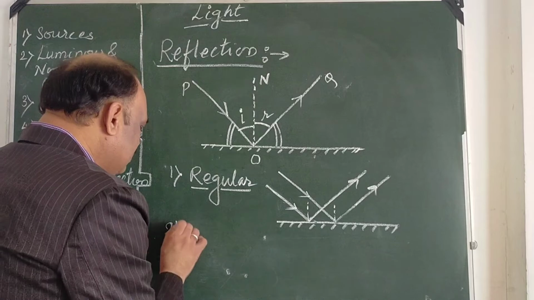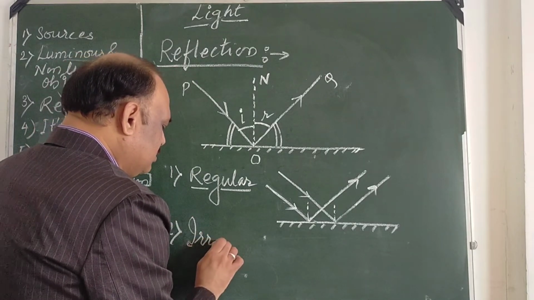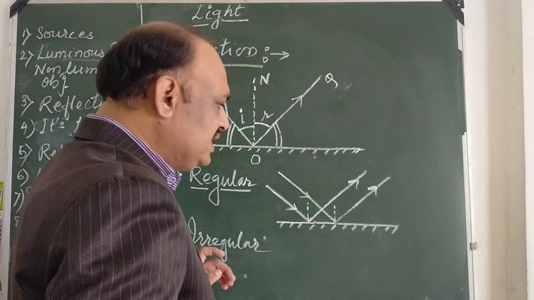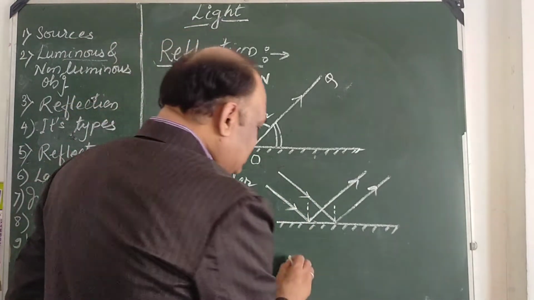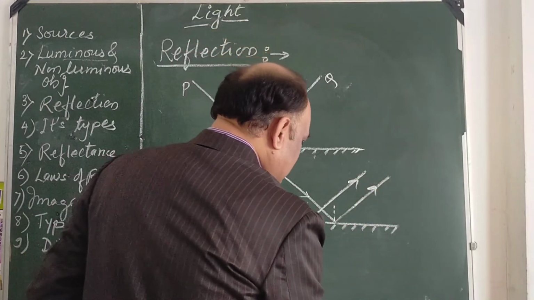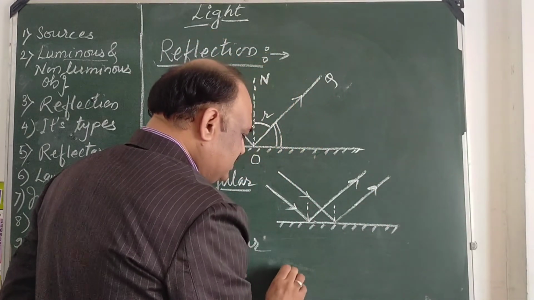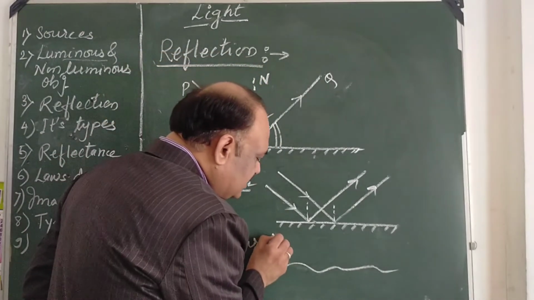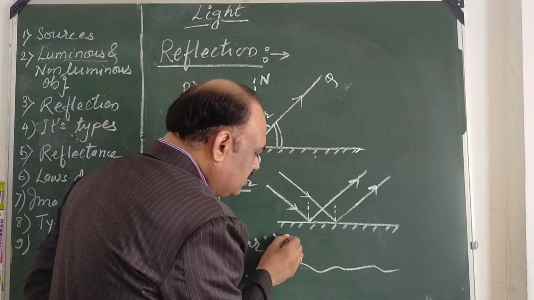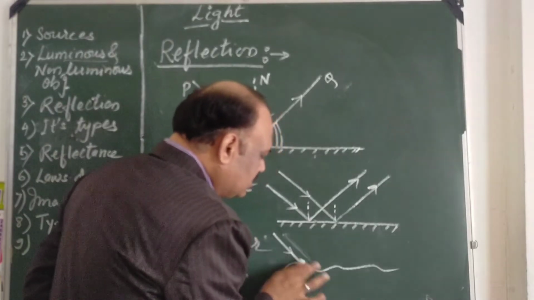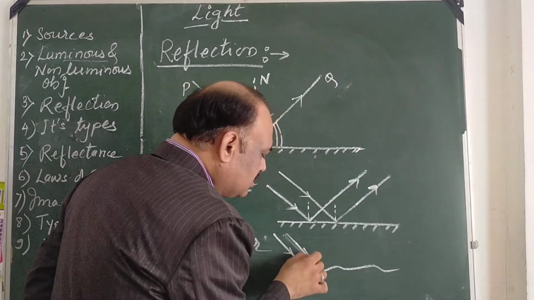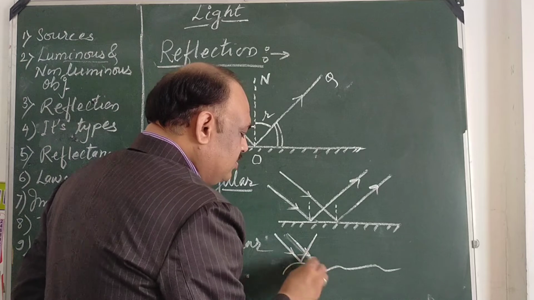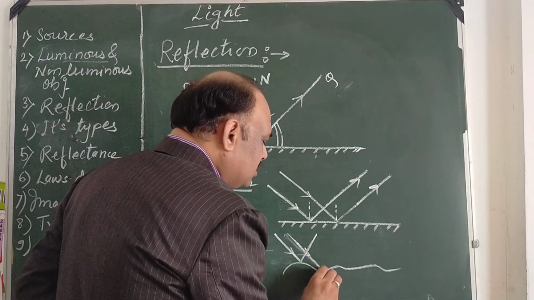Another one is irregular reflection. What happens in the case of irregular reflection? Rays are coming parallel to each other. First of all, the surface is uneven. A parallel beam of light is coming and falling, but the reflected rays are not parallel to each other.